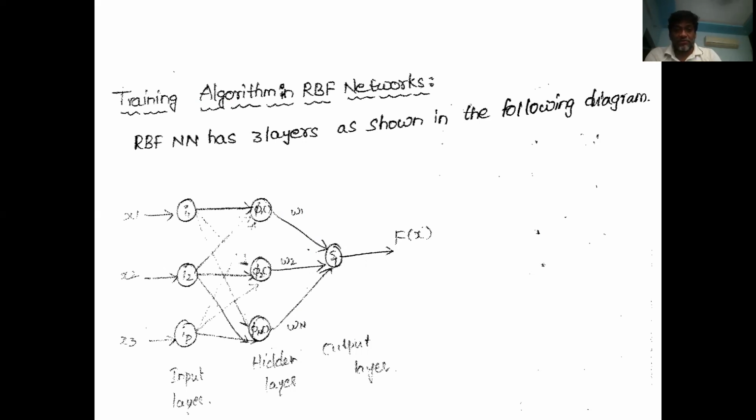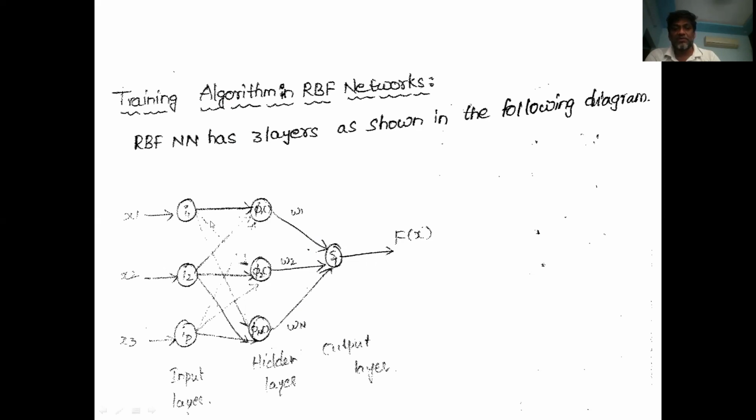And then if you observe, the hidden layer is connected to the output layer with the help of weights, whereas there is no weighted connection between the input layer and the hidden layer. If you can recollect, the conversion from input space to hidden space is done with a nonlinear mapping.